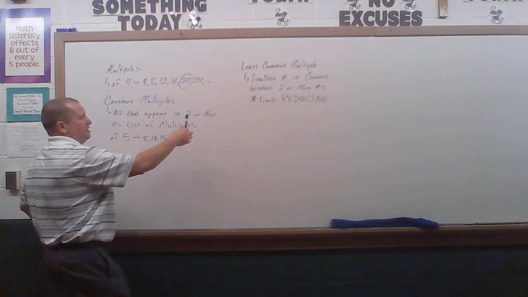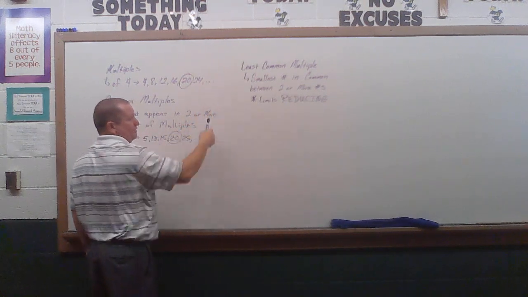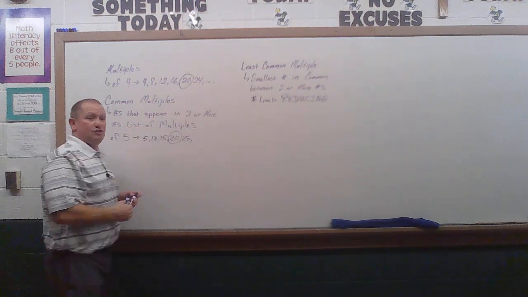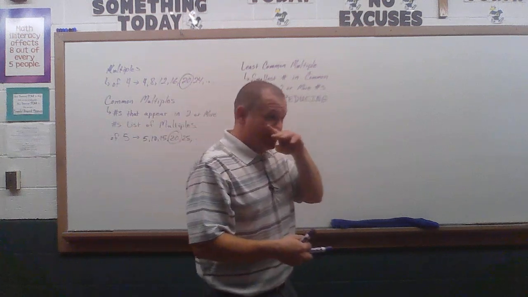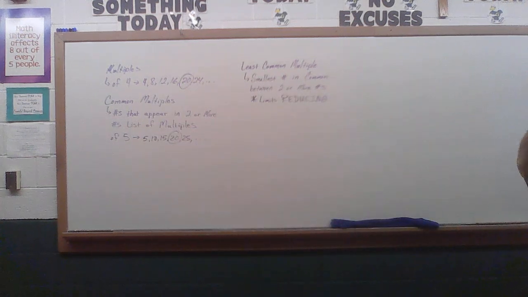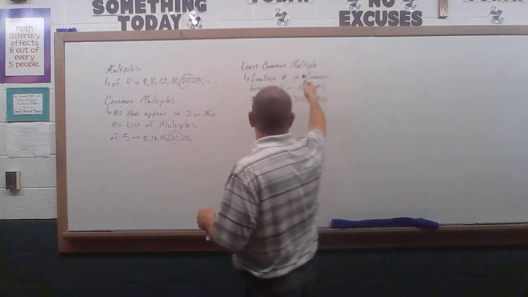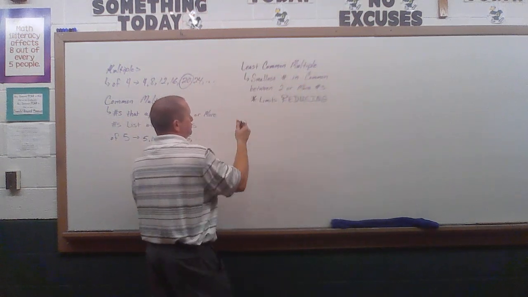But then, with Addie's or mine, we would have had to reduce our final answer. With the 20, you still might have to reduce, but it might not just be reducing really big numbers. Okay? So, the least common multiple, we're trying to find the smallest one.